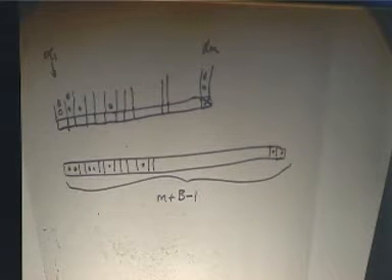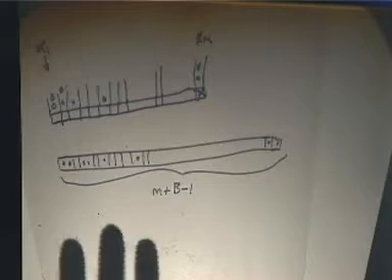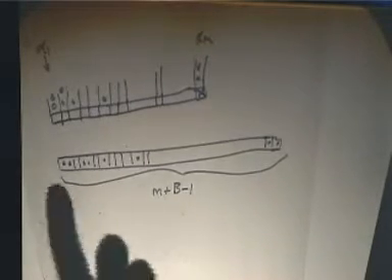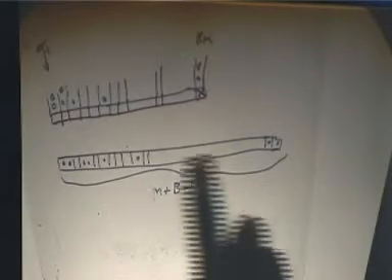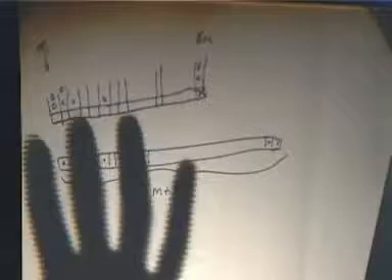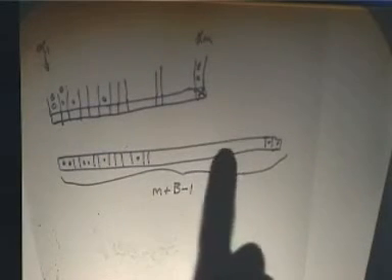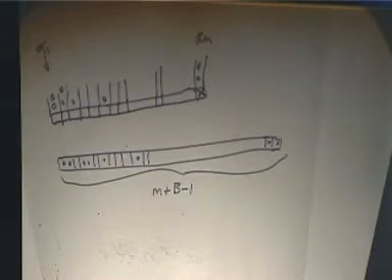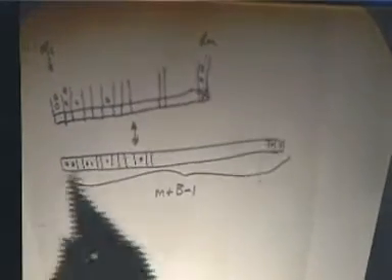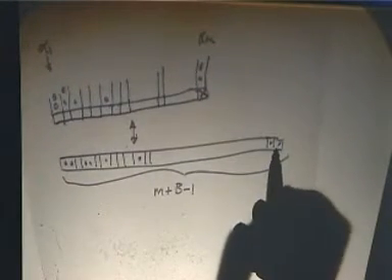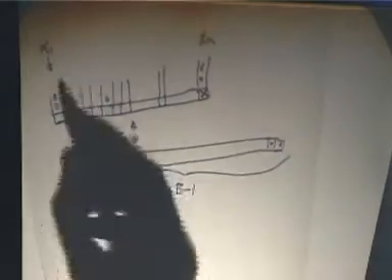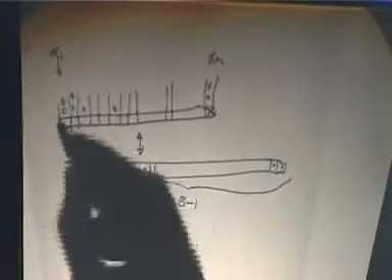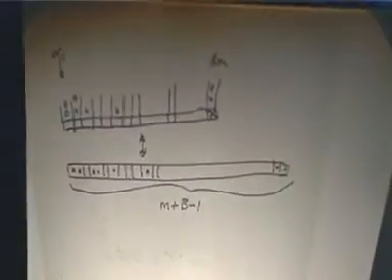And now clearly in these m plus b minus 1 slots we have b balls placed, the b balls that I placed. Now what I maintain is there is a one-to-one correspondence between putting b balls into this sequence of m plus b minus 1 slots and putting b balls into these pigeonholes.